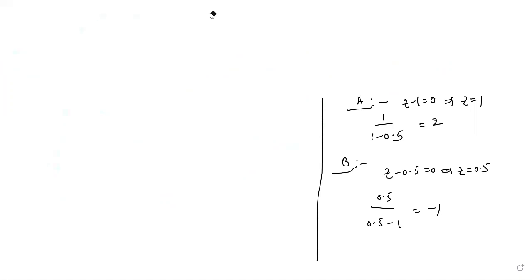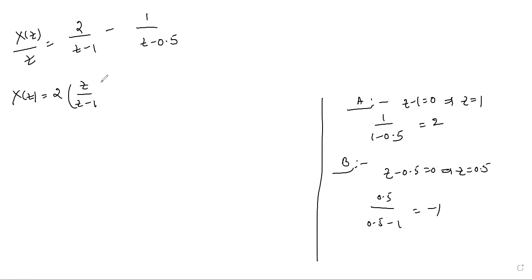Now X of z by z equals 2 by z minus 1, minus (minus 1 is the B value we got) so 1 by z minus 0.5. Okay. So now tell me what is X of z? 2 into z by z minus 1, minus z by z minus 0.5.